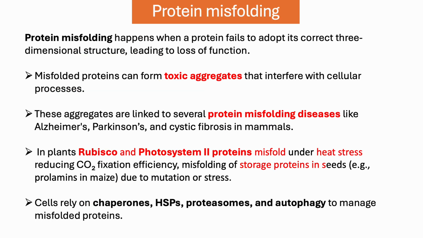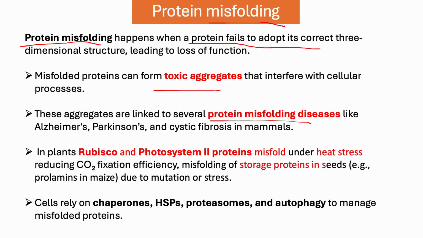Let's talk about protein misfolding. How does protein misfolding occur? Protein misfolding happens when a protein fails to adopt its correct 3D structure. As I told earlier, the protein in native structure is the correct structure; the other one is not. So sometimes they form misfolded or aggregated protein, and this can have toxic aggregation. They sometimes interfere with cellular processes.